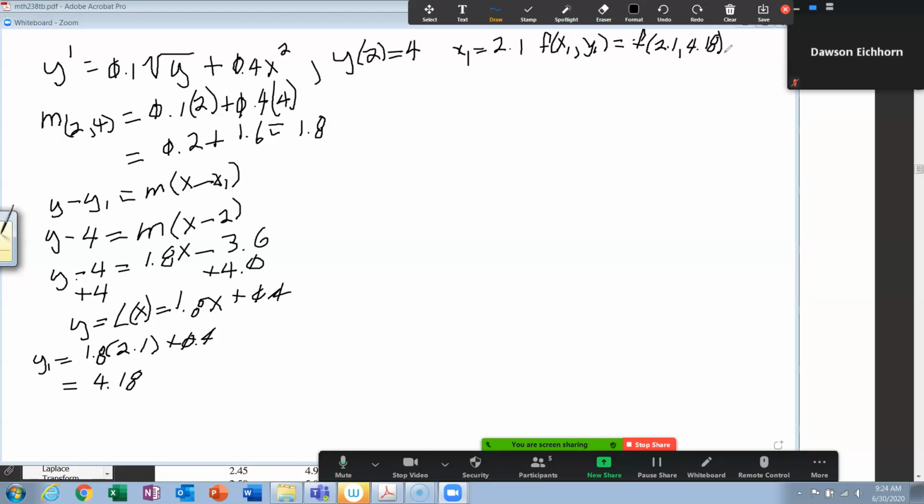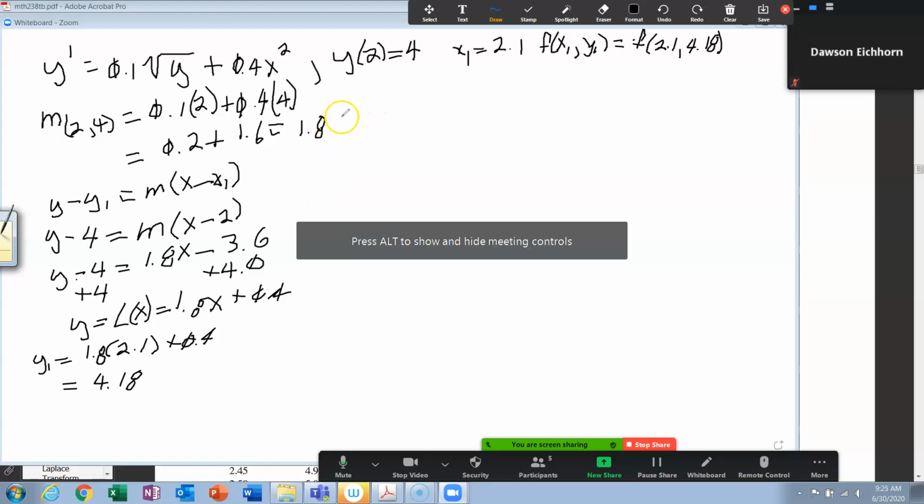Here's your f formula. Let's write the recursive relation.